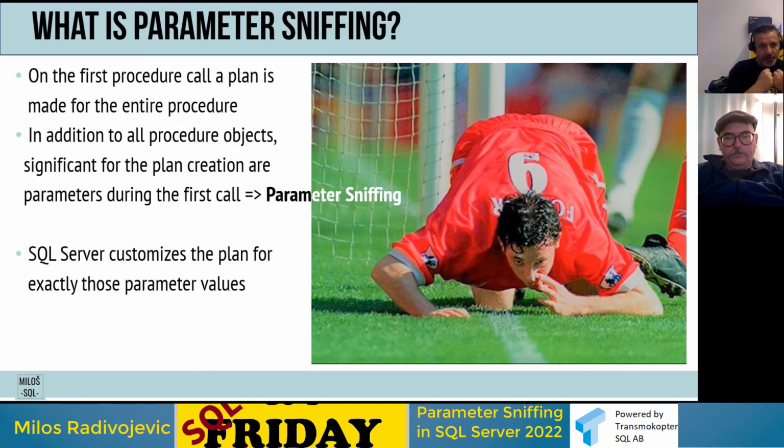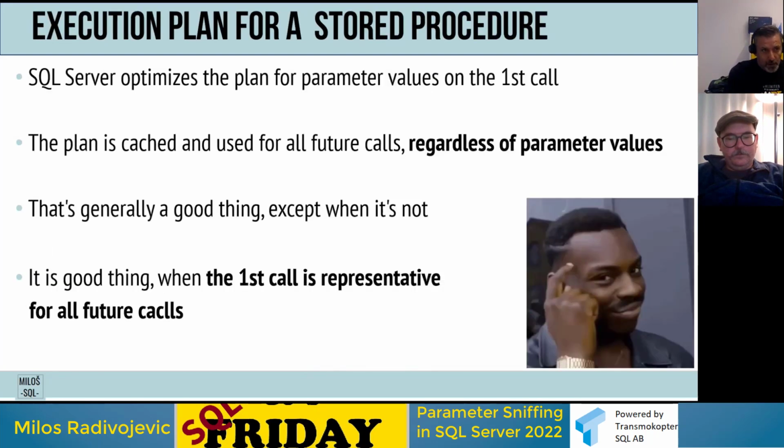SQL Server sniffs values and creates exactly the same plan as it would create if you just wrote this big select with literals instead of these parameter values. And this is then used for all future calls. That means for all future calls with the same parameter value, and for different parameter values.